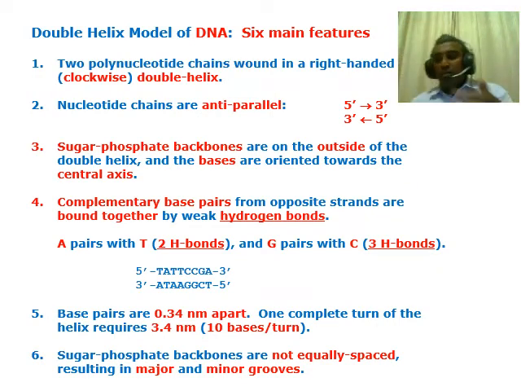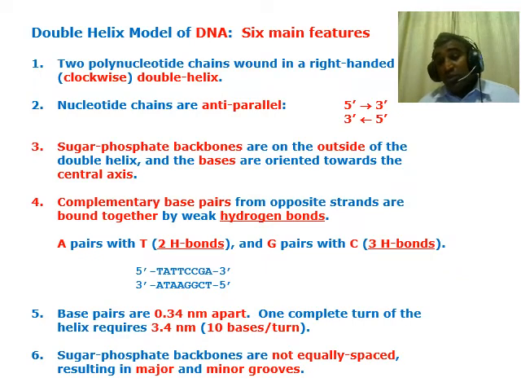Okay, but if you take the left hand, the spiral will go anti-clockwise. So for DNA, the double helix is always rotating in a right-handed manner and is also referred to as clockwise.